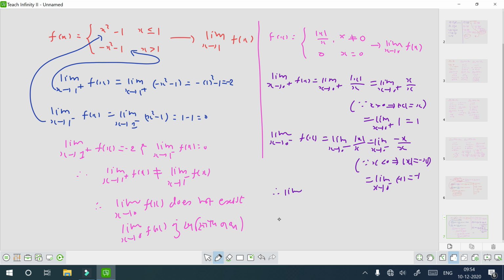And therefore, the right hand limit exists and is equal to 1, and the left hand limit also exists, that is equal to minus 1. And therefore, they are not equal. Limit x tends to 0, f of x plus is not equal to limit x tends to 0 minus f of x. And therefore, this limit does not exist.